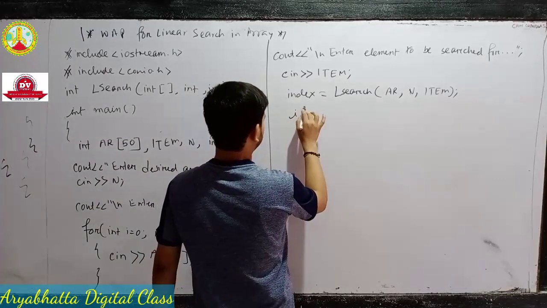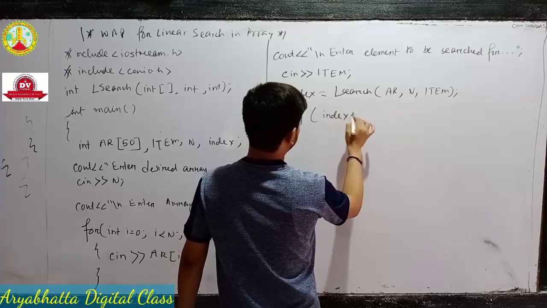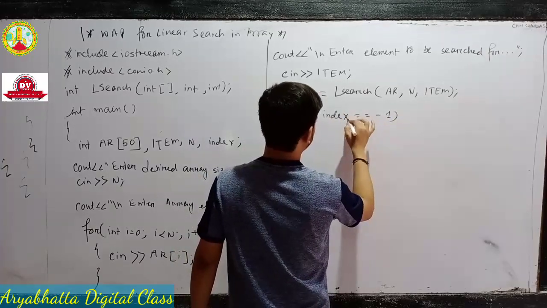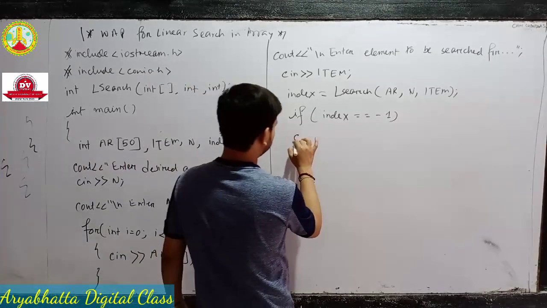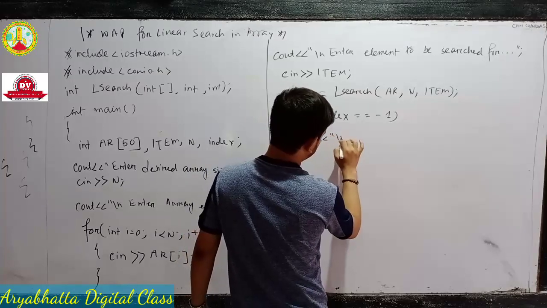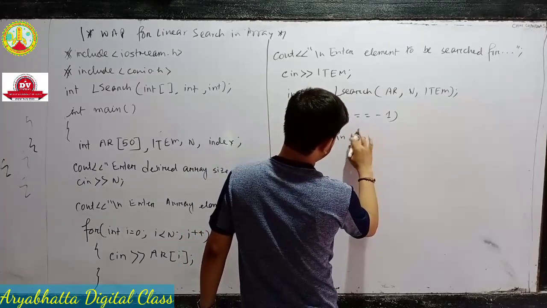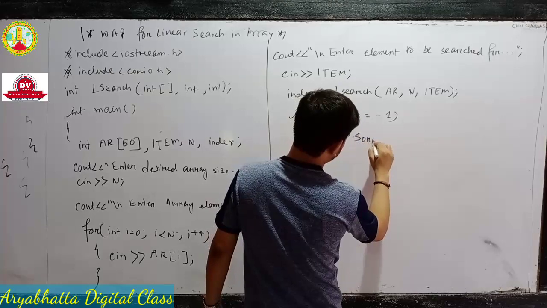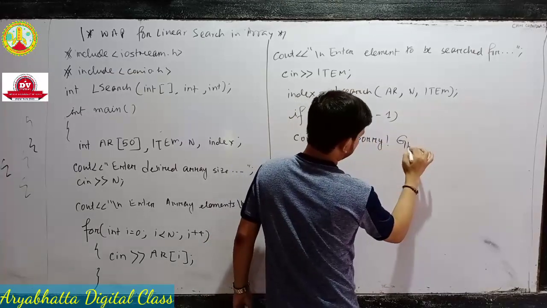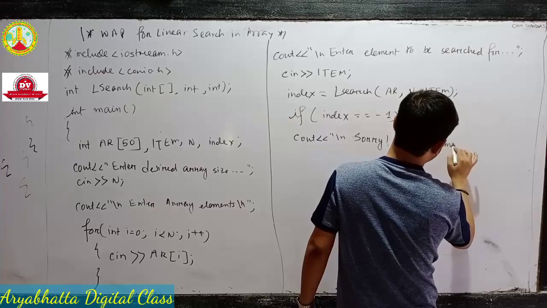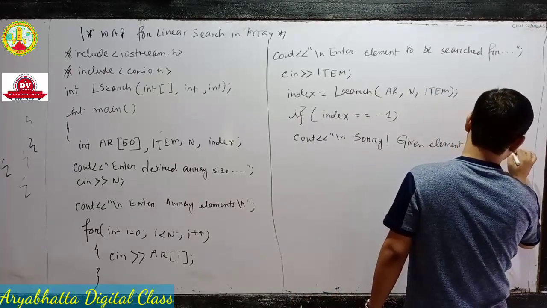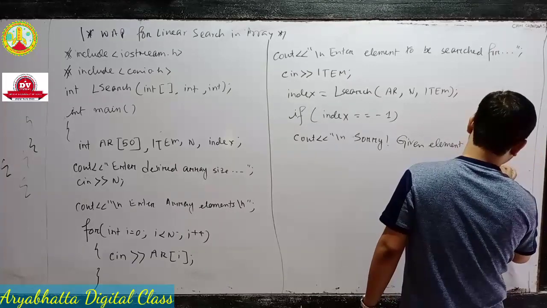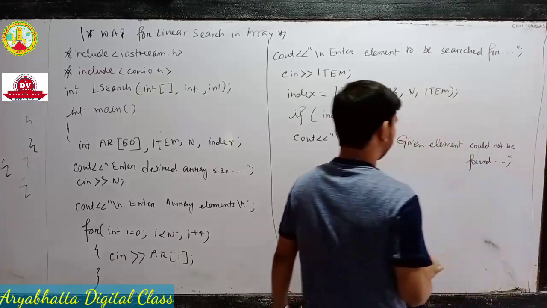Okay, if index is equal to -1, I show you the concept. Sorry, given element could not be found. The printing statement will be: given element could not be found.